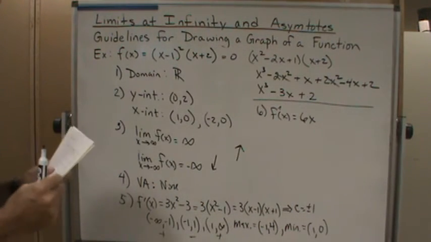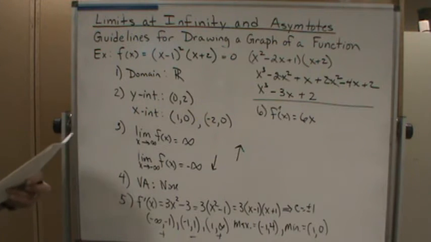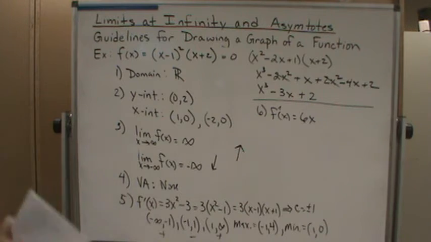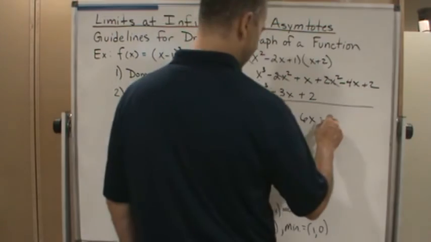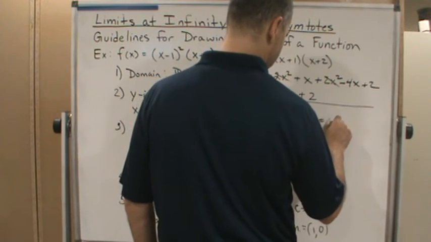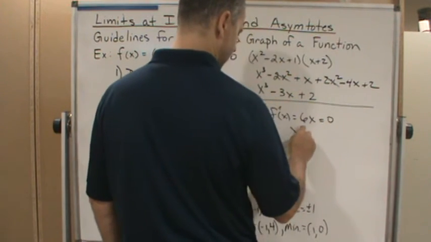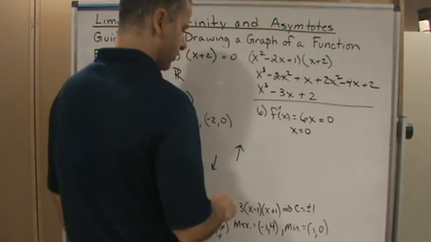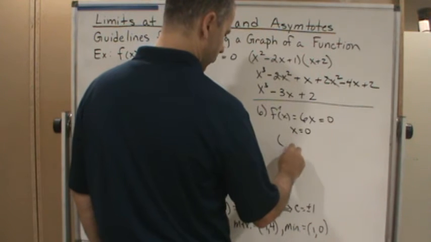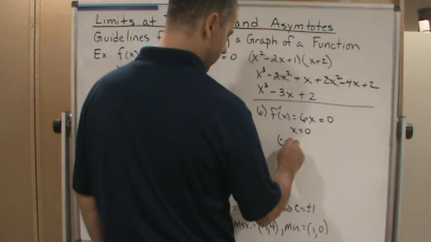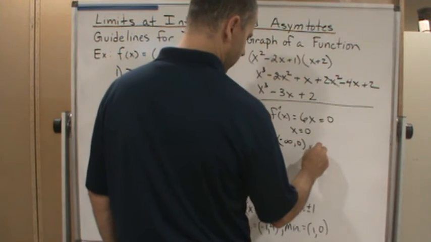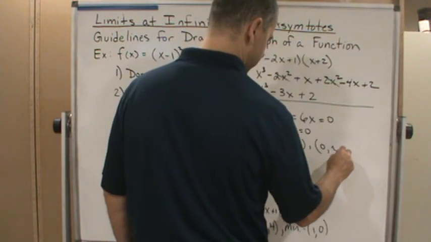Okay. And so now, here we're going to find the second derivative is 0 when x equals 0, right? So we're going to split up the interval into two intervals, negative infinity to 0 and 0 to positive infinity.